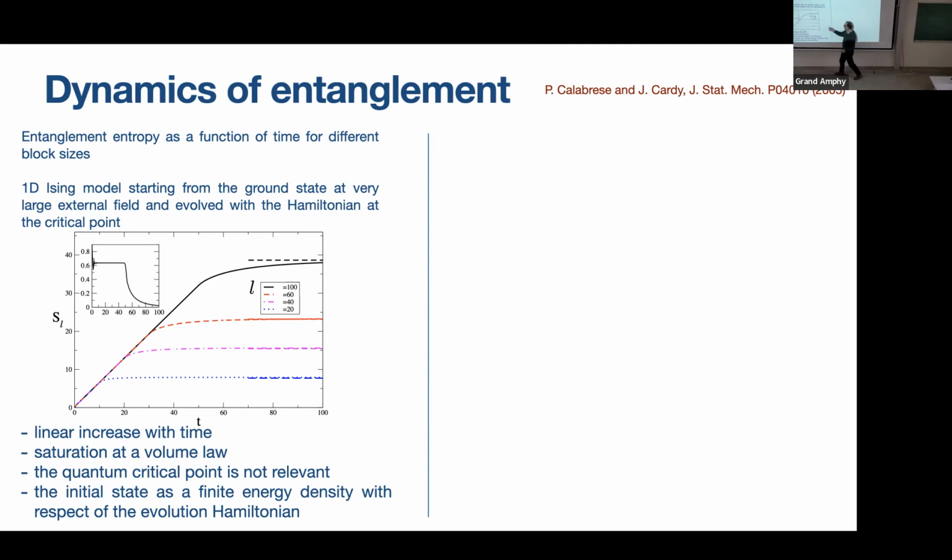Okay, so this is just the Ising model in a transverse field. So it's free fermions. A couple of things to notice. First, there is a linear increase related to some velocity of quasi-particles. Other thing which is very important: the entropy saturates to a volume law. So excited states are involved.